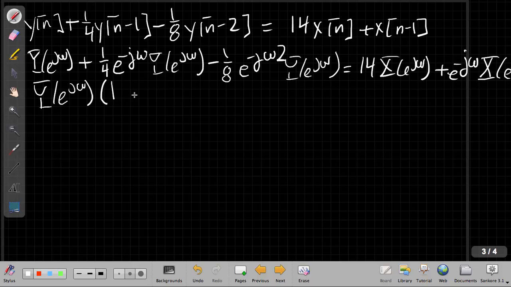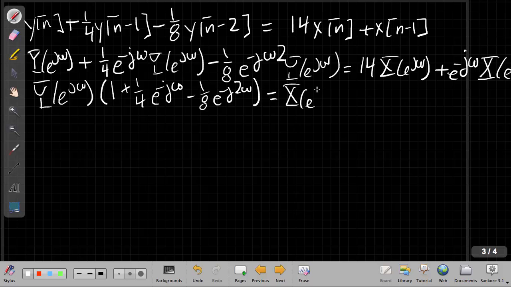Well, the first term, when I factor that out, it's everything. So I just have 1 plus 1/4 e to the minus j omega minus 1/8 e to the minus j2 omega is equal to x of e to the j omega times 14 plus e to the minus j omega.